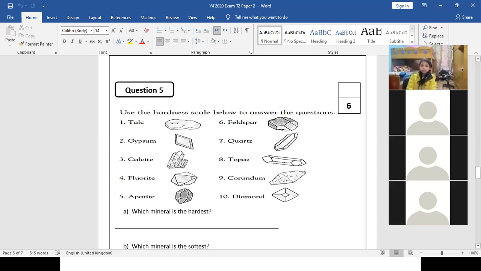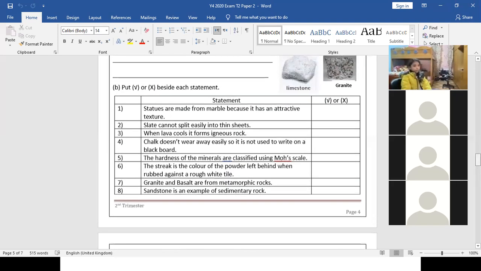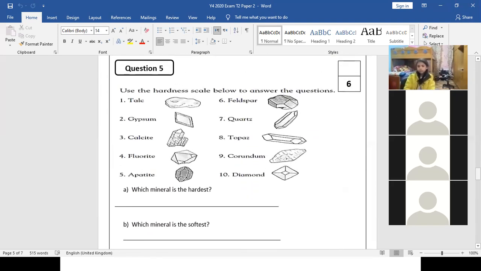Very good. And the last question that a lot of you didn't pay attention to. F. Which mineral will the fluoride scratch? Nancy?